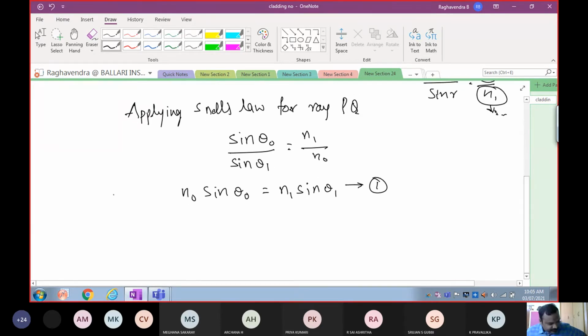Next, applying Snell's law for the ray QR.